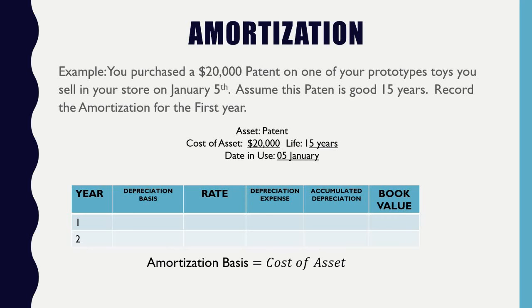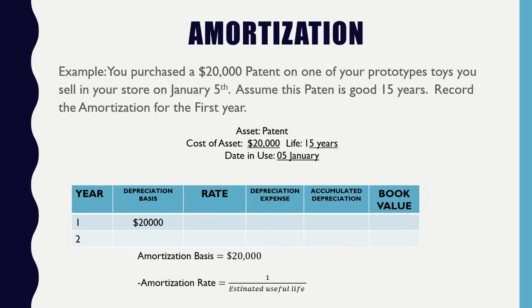What's my basis going to be? 20,000. It's going to be the same thing as your asset cost, okay? What is going to be my rate? 1/15.